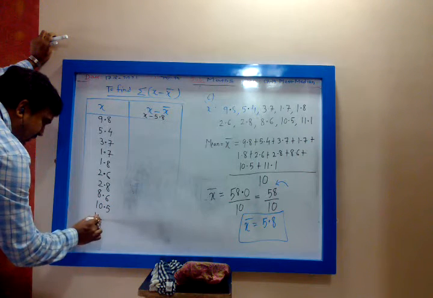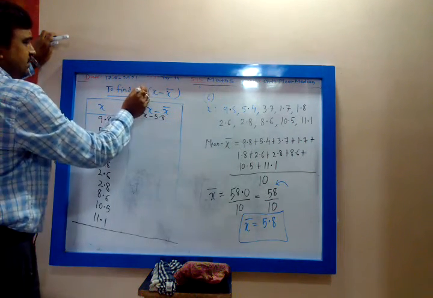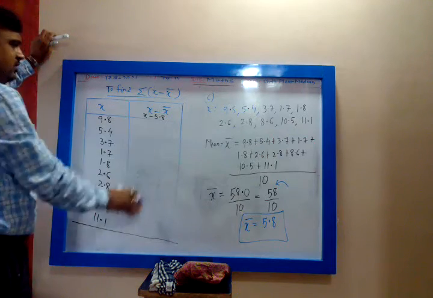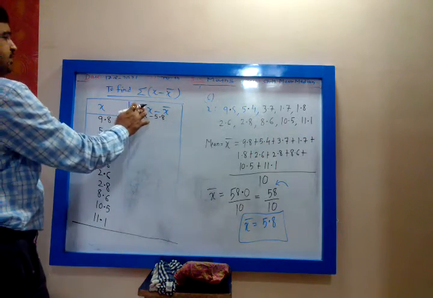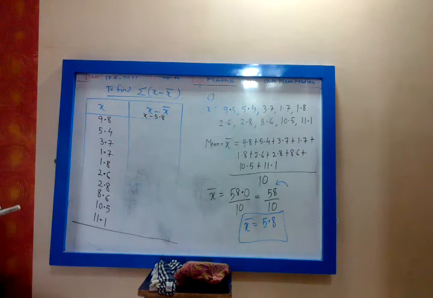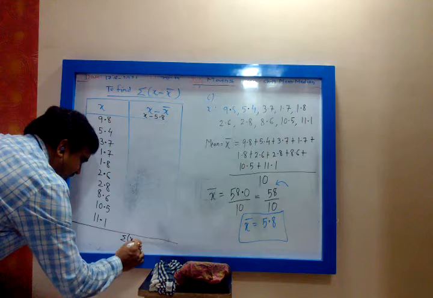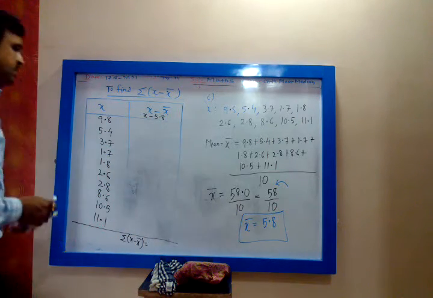Okay. Let us find the summation, meaning the addition, of the second column, x minus x bar. Add all the values and you will get summation x minus x bar. So this is my column for summation x minus x bar. Let us add all the values and see what it comes to.